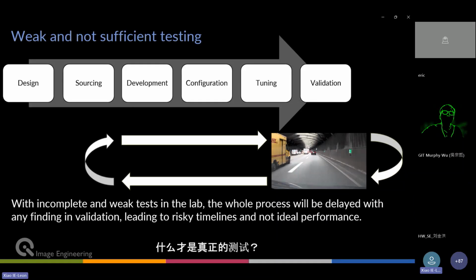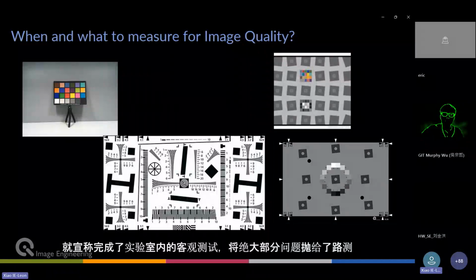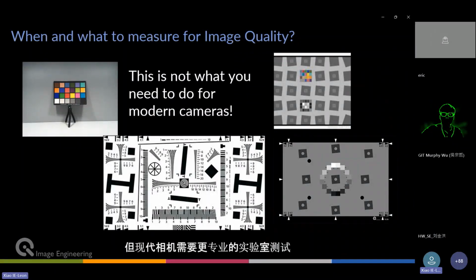So what do I mean by testing? What you see here is what many people see as testing. They take an image with a color checker or a very simple resolution chart, just some edges, and then they say, okay, that's testing. No, this is not what you need for modern cameras. Modern cameras in automotive are very complex. They have huge dynamic range.